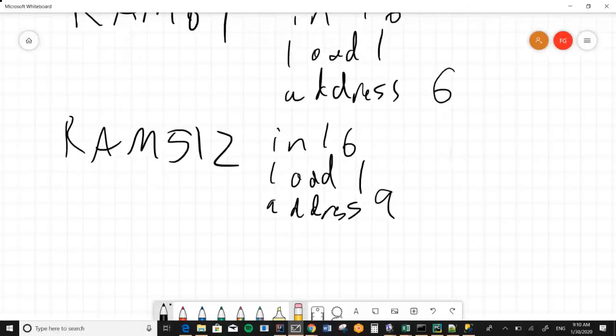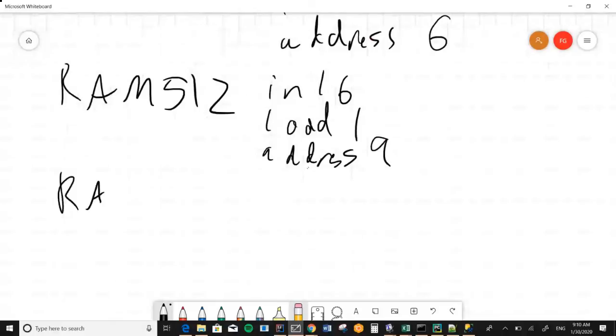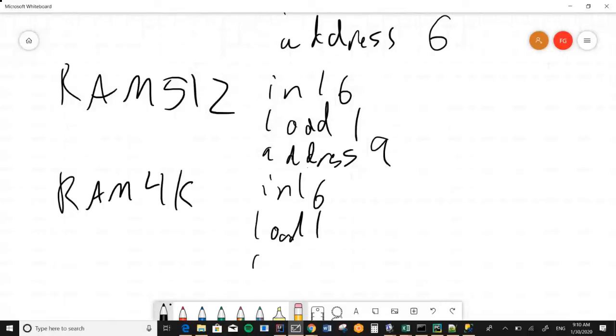So let's talk about RAM 4K. There's going to be kind of a pattern here. 16-bit input, 1-bit load. Now we're at 12 address bits. You knew you were getting there eventually.